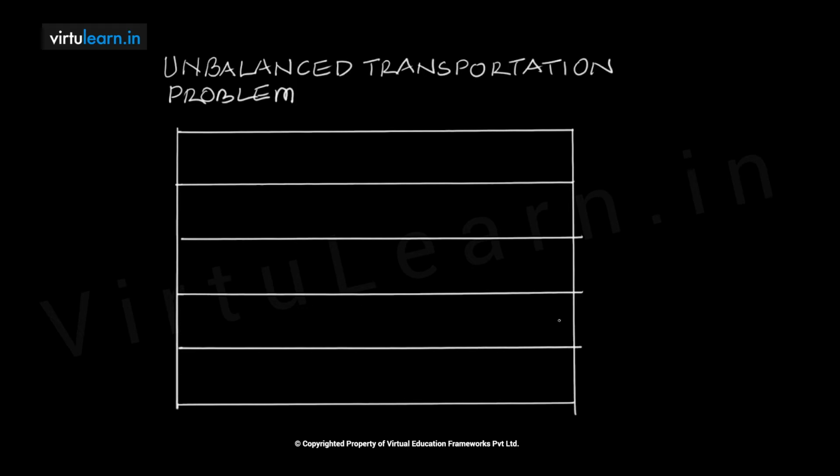Usually we don't prefer to apply the northwest corner method because it is not a scientific method, and at the same time it will result in higher cost. So this problem we'll try through 2 methods, both the least cost method as well as Vogel's approximation method, and we'll find out the total cost of transportation.